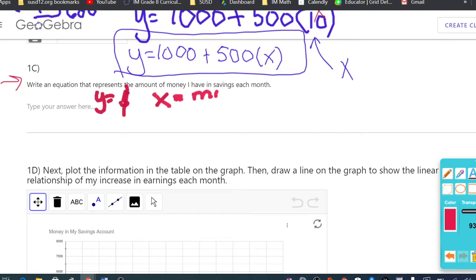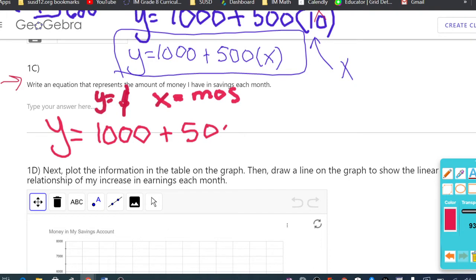I'm just going to call that MOS for months. And our equation is y, the money in my savings account, y equals $1,000 that I had already, plus an increase of $500 a month times X numbers of months. There's an equation that represents this relationship.